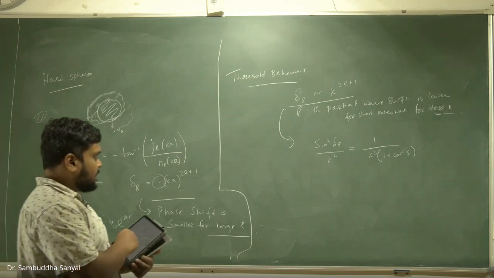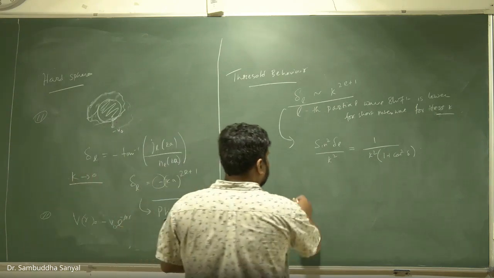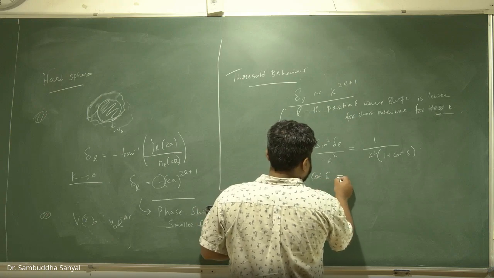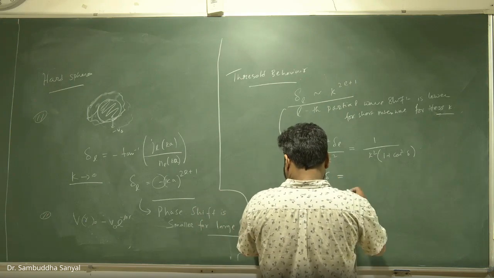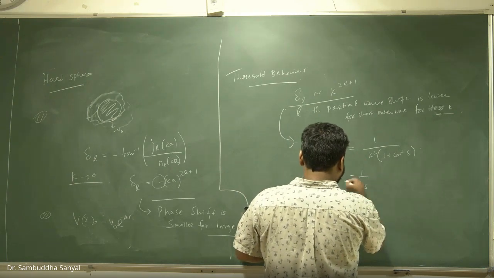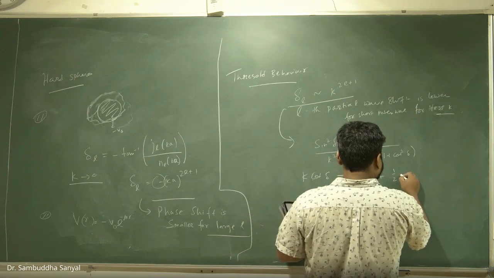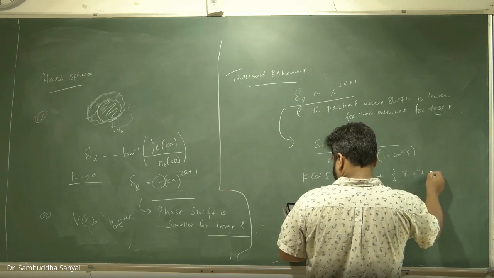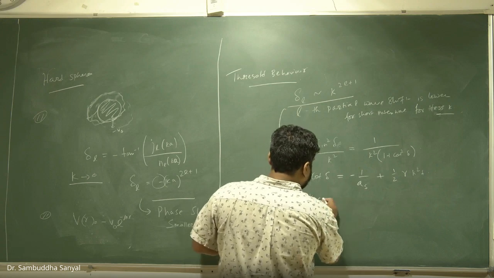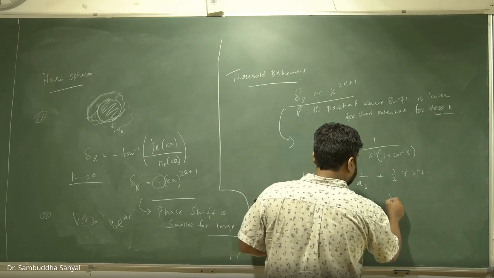Yeah, that's correct. Once you put in all the tan cot behavior, then you get this. So this thing becomes k cot delta, and you can expand this, and this becomes minus 1 by a_s plus half r_e k square plus dot dot dot. So this object, k cot delta at the k going to 0 limit, is minus 1 by a_s.